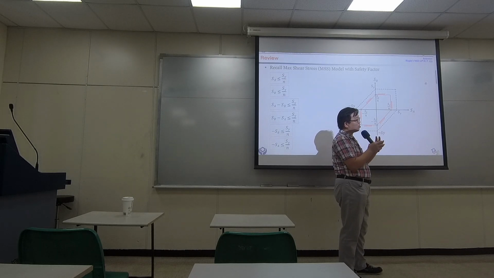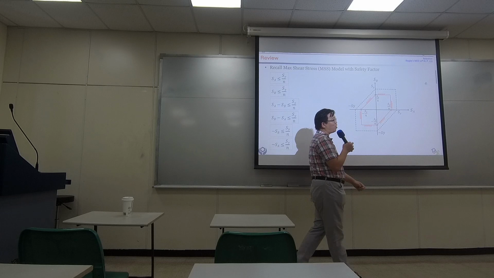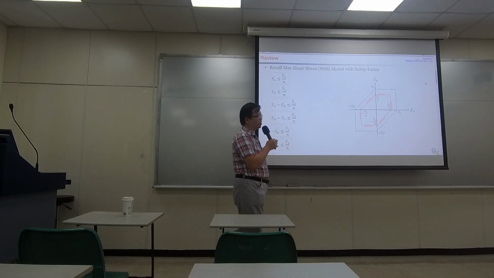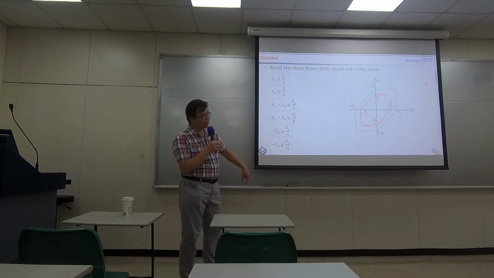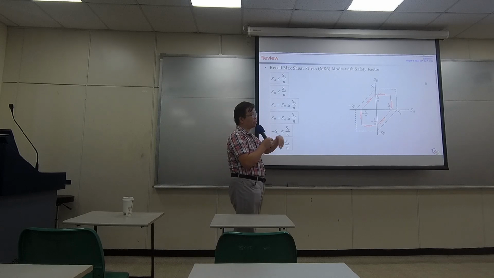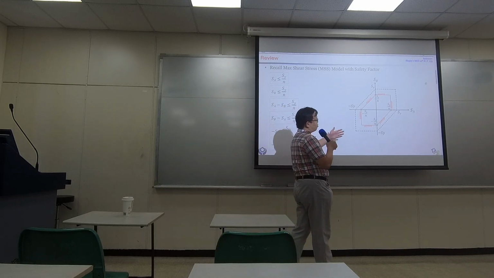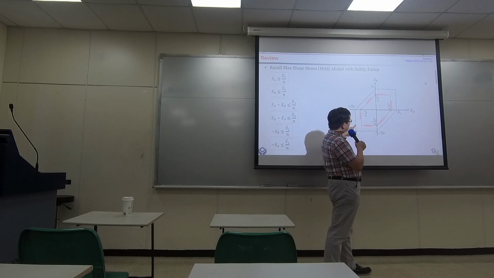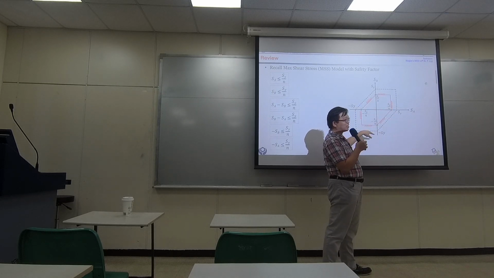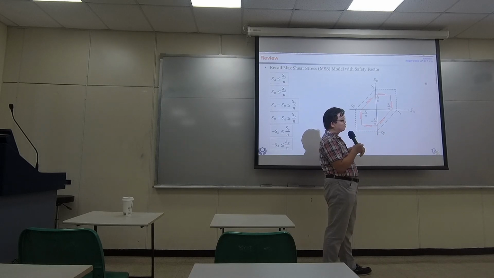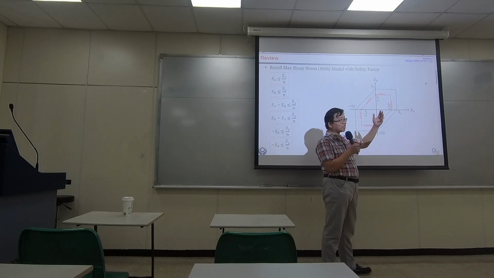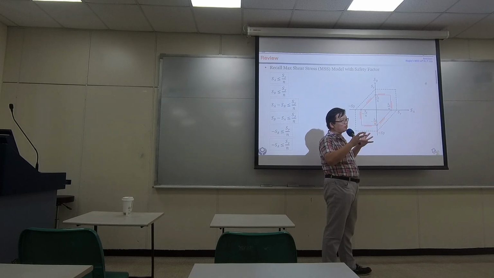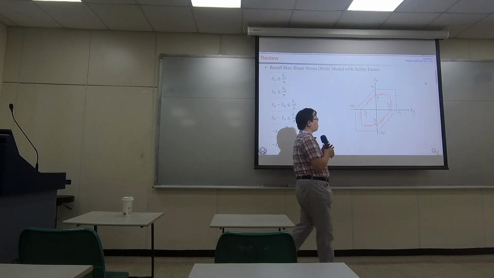We want to have a smaller one. So this is actually the smallest, most conservative. Later on, after the introduction, you will realize the next model is going to give us a larger design space, which is less conservative with higher risk, but you have a larger space.